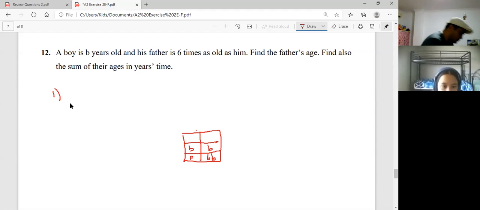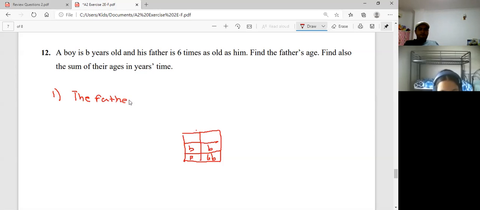So the first part: the father is 6b years. Now, is it 6b plus b or 7b? It's 7b, right?